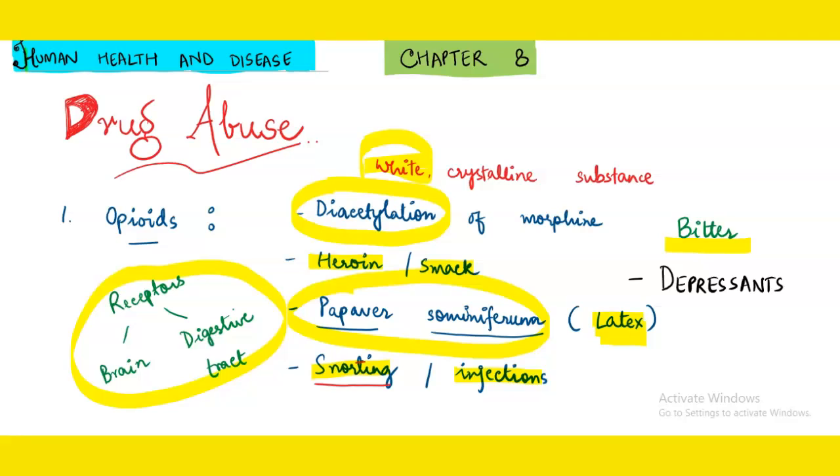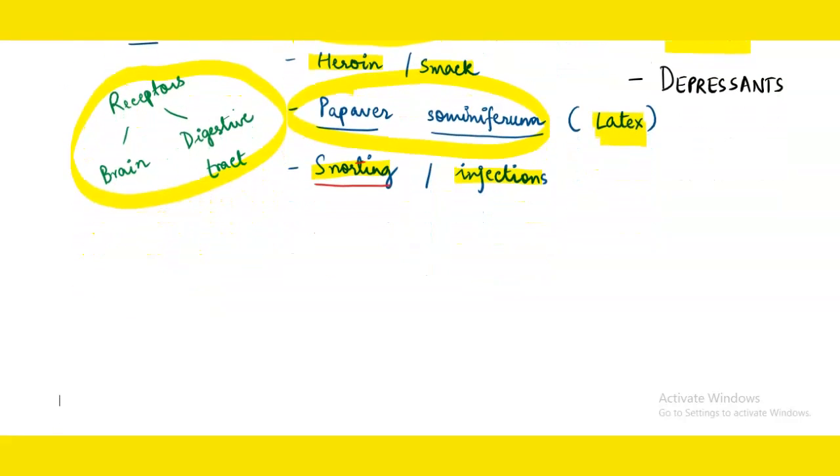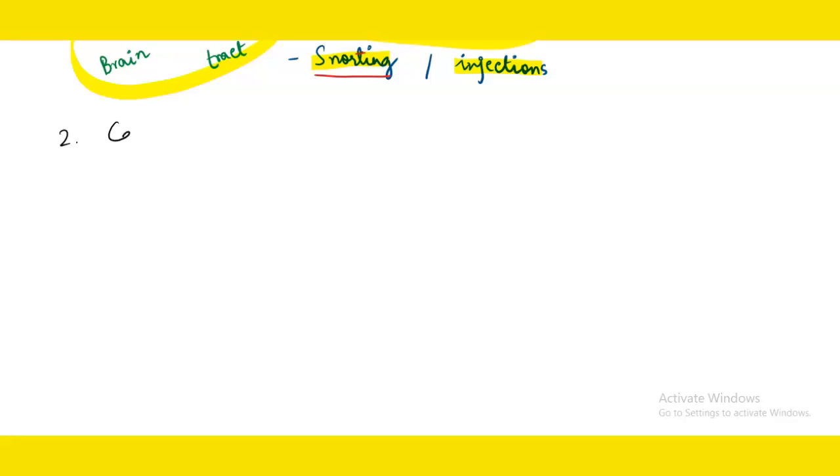Let's move on to the next drug, and that includes cannabinoids. This is B, cannabinoids. They are obtained from the plant Cannabis sativa.